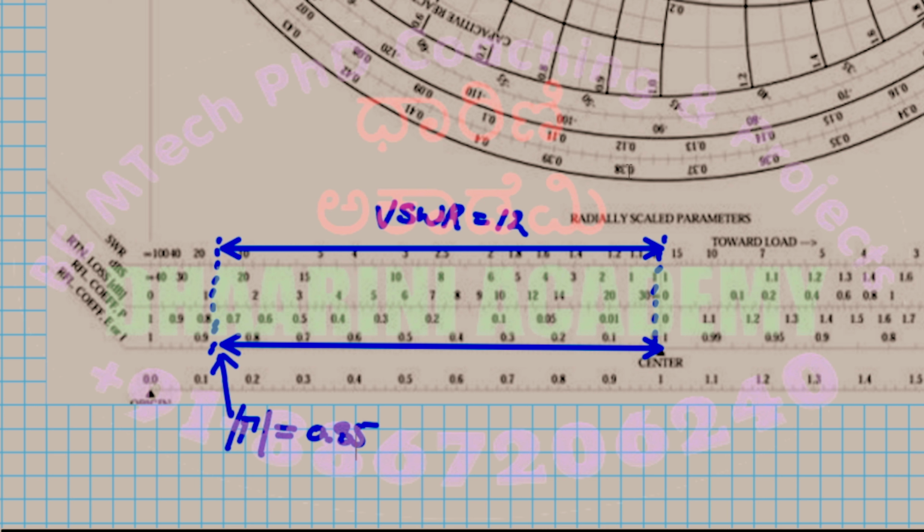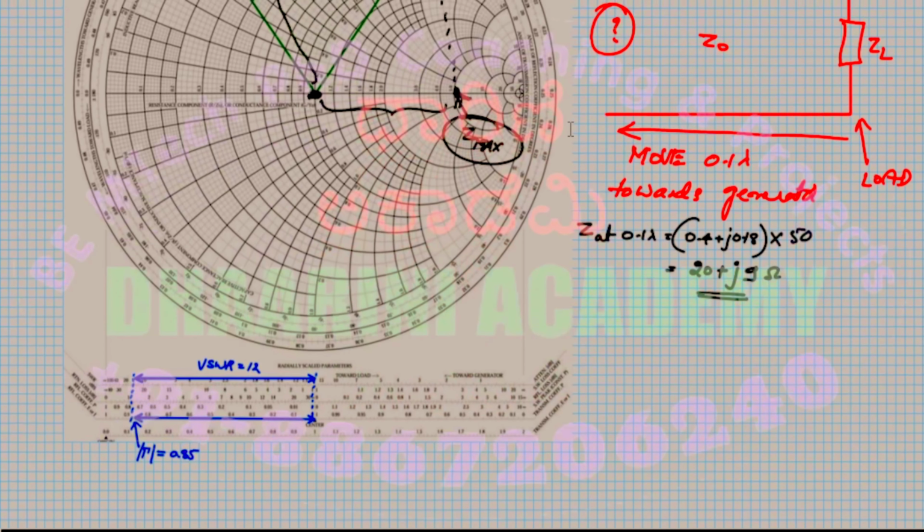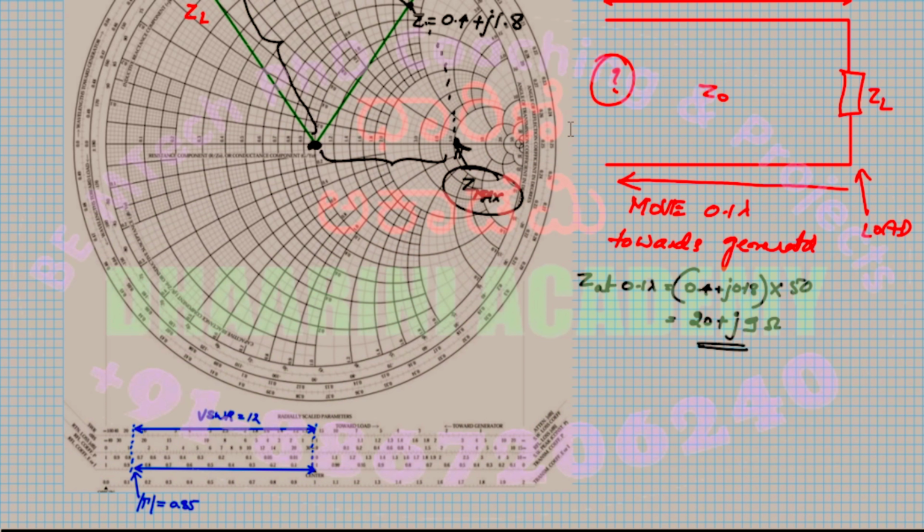All right. So that's how I measure the magnitude. From the graph, I am able to measure that the magnitude of this is equal to 0.85. But I know that this gamma, whatever we measure, is a complex number, correct? Complex number in the sense that along with the magnitude, I also need the angle.